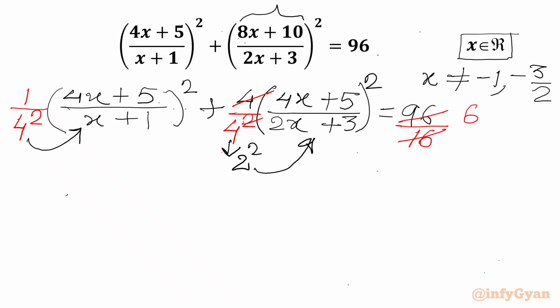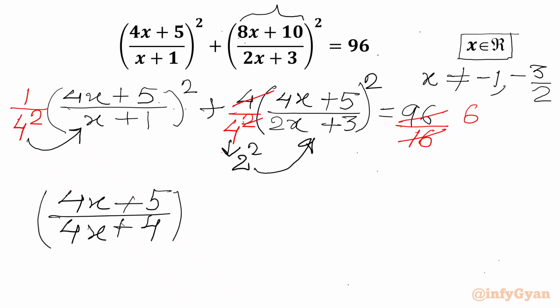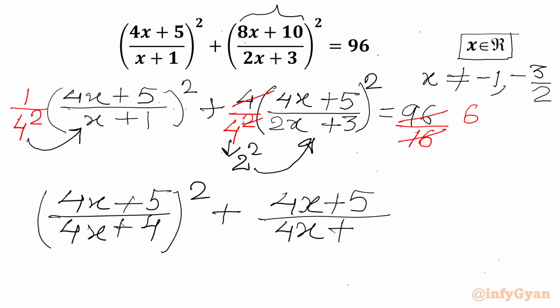So I will get my equation 4x plus 5 over 4x plus 4, and then we can put power 2, plus 4x plus 5 over, we have to multiply by 2 in the denominator. So we will write 4x plus 2 times 3 is 6 whole square equal to 6.